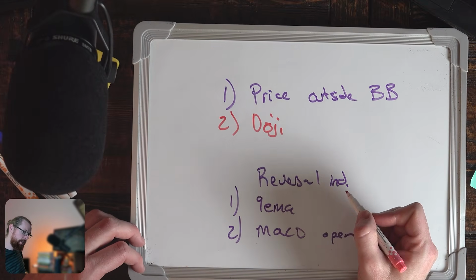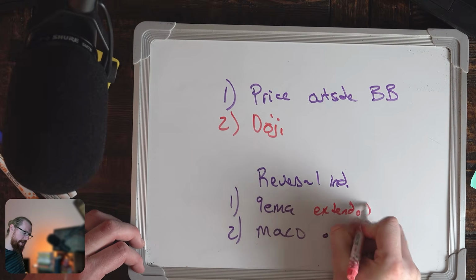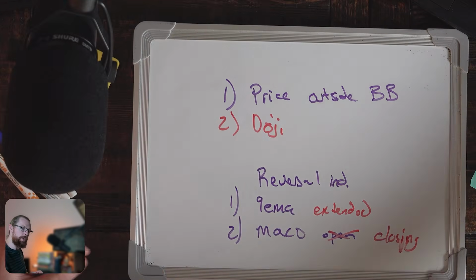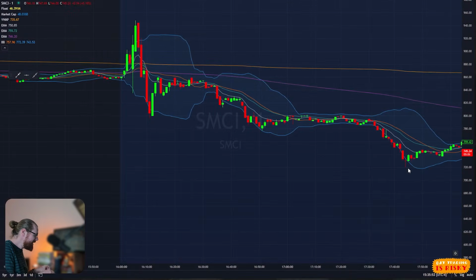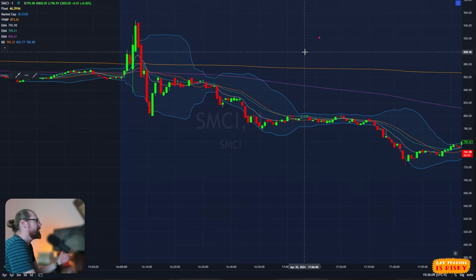Now, increasing the likelihood of the reversal is when we're extended off our 9 EMA and when the MACD is closed or closing. Either one, closed or closing, is going to increase the likelihood of that reversal back in. Now, in my day-to-day trading, I have gotten to a point where I can pretty well visualize whether or not the price is outside the Bollinger Bands without actually having them plotted on my chart, because I can just recognize that the stock is extended.